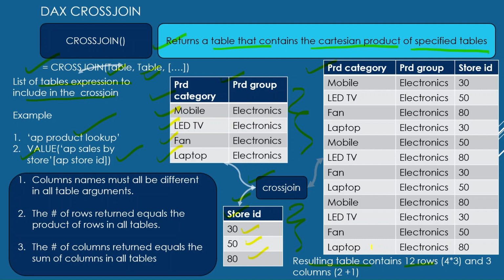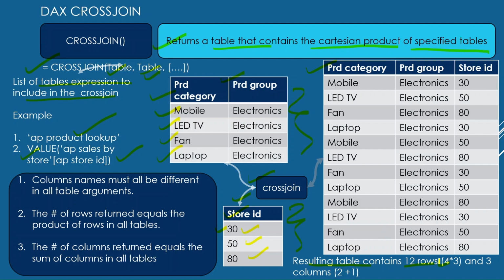How will it contain 12 rows? There are 4 rows from here, and 3 rows from this table. So what will the Cartesian product do? It will take the rows of different tables and multiply them.